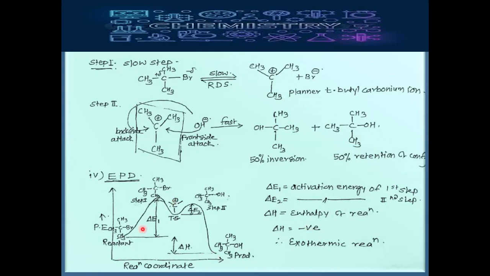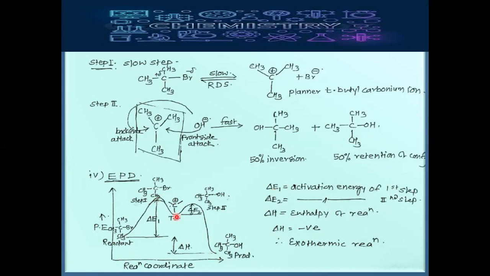Delta E1 is the activation energy of the first step. This is the first step. So the reactant requires a certain amount of energy to reach the product of the first step, and this is delta E1.